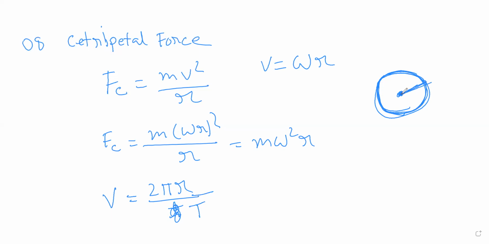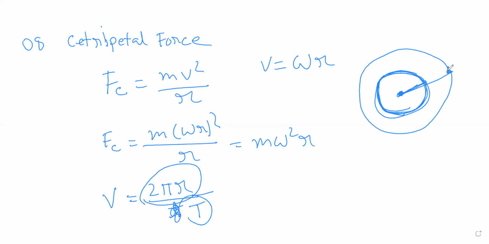If the r is bigger, then our distance will be bigger. So this is the distance, and this is the period. Period means starting from here, for a whole rotation, how much time is required. That is called our period.